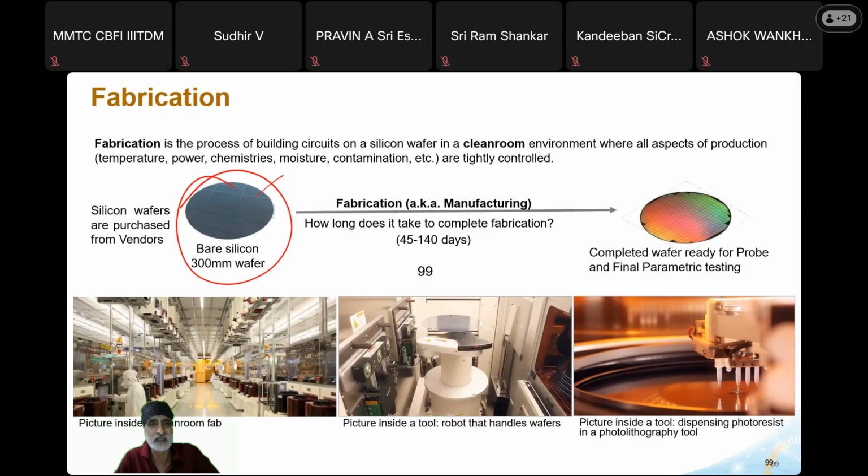And these are the standard things. So 300 mm wafer is the standard, and when we get the wafer after fabrication, it will look like this. As shown here, there will be a lot of polygons, rectangles, which are each die. I don't know how clear it is. So it will look like this.